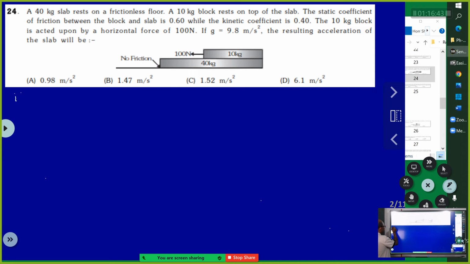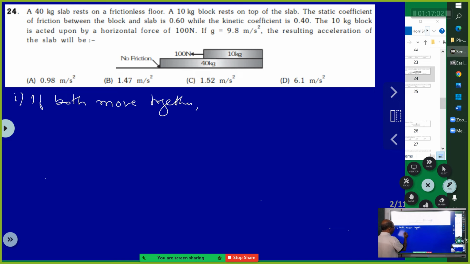So the condition is case one, both move together. If both move together, then what happens?